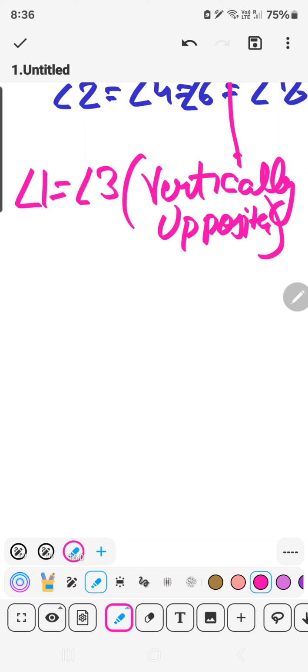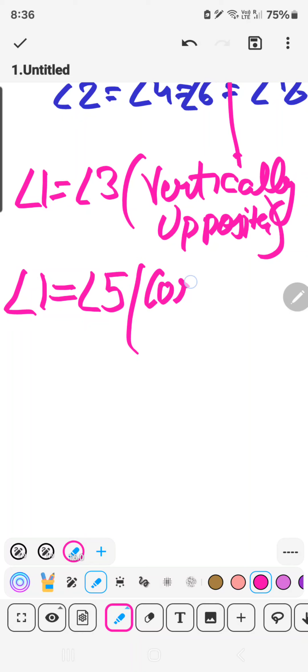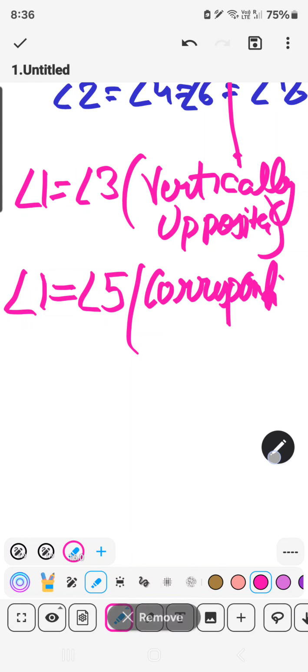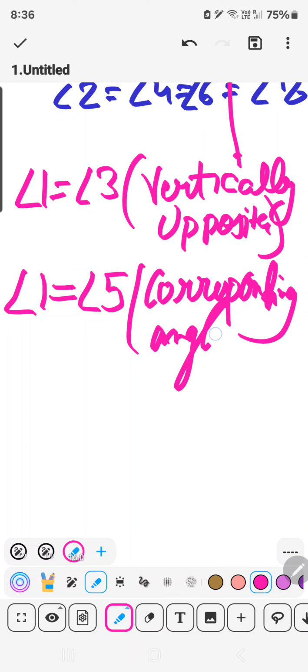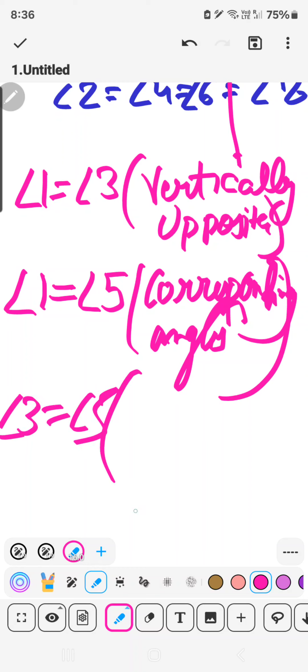See. First we'll see angle 1. Angle 1 is equal to angle 5 because they are corresponding angles. You have studied corresponding angles, right? These are corresponding angles, and now angle 3 is equal to angle 5.